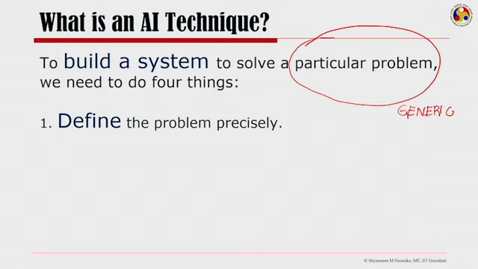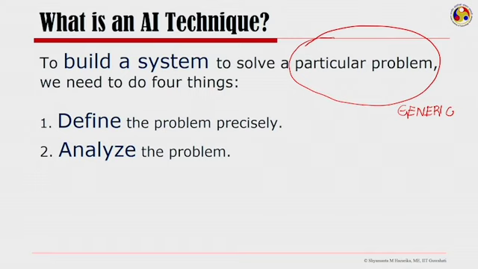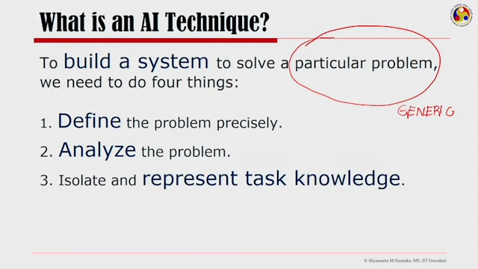Problem definition is as important as what knowledge we capture for that problem. The second thing needed is a great analysis of the problem. One needs to understand what this problem that we are trying to tackle is about. Number three, we need to isolate and represent the task knowledge.